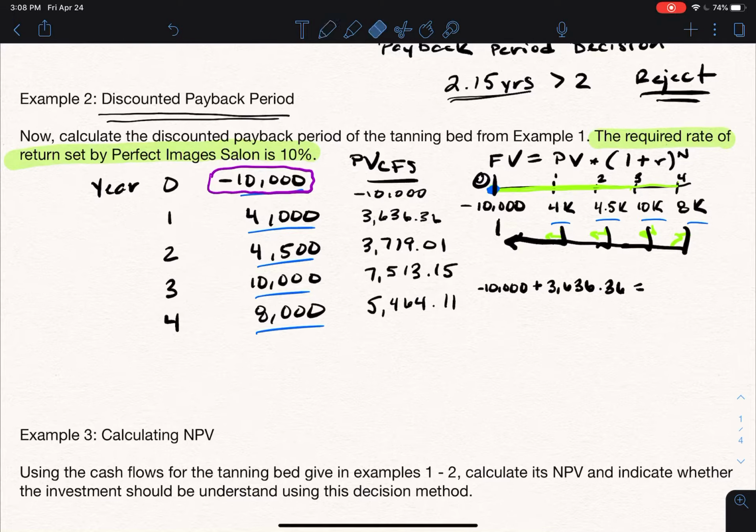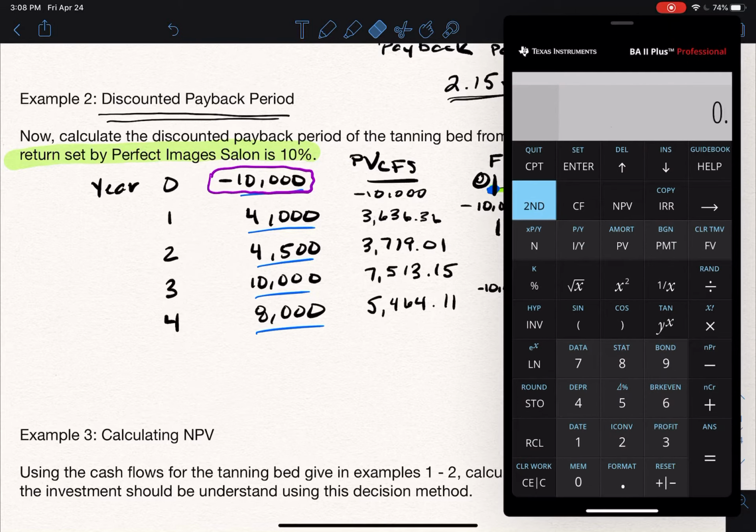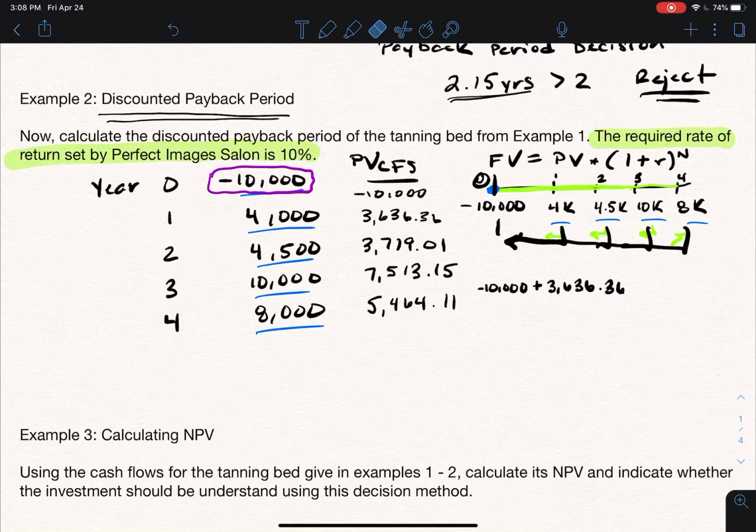And so that's going to give us $63.64. All right. So that's year one.